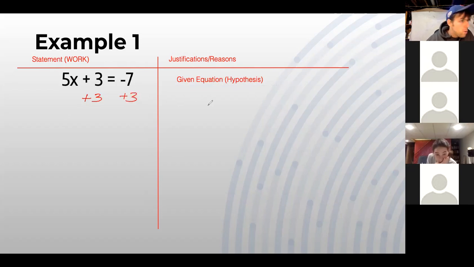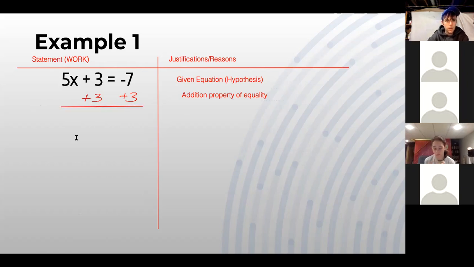And what property of equality allows us to do that? Well, seems like a lot of work, but it is the addition property of equality. I'm going to shortcut these properties and just call them like addition property rather than talk about addition property of equality. But it's important right now for us to make sure we're clear in what we're doing.